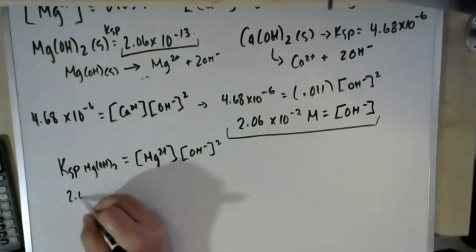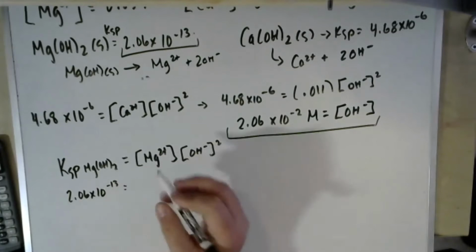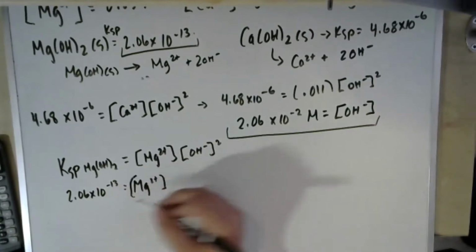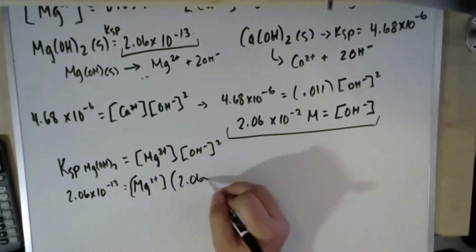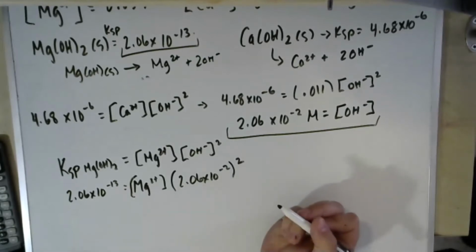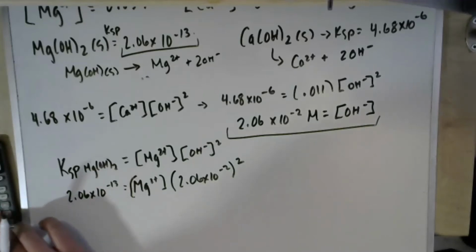So we have 2.06 times 10 to the negative 13 equals Mg2 plus times 2.06 times 10 to the negative 2 squared. Okay, so I'm going to solve this.